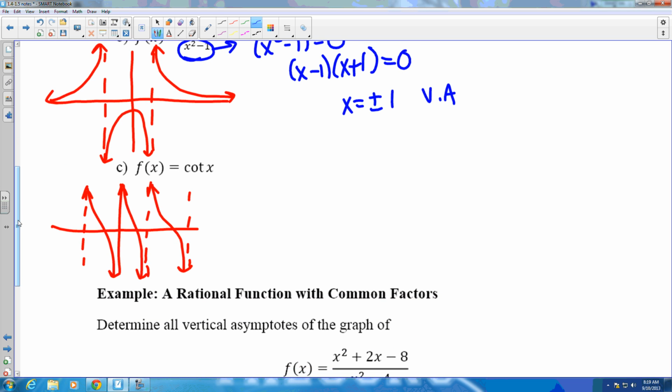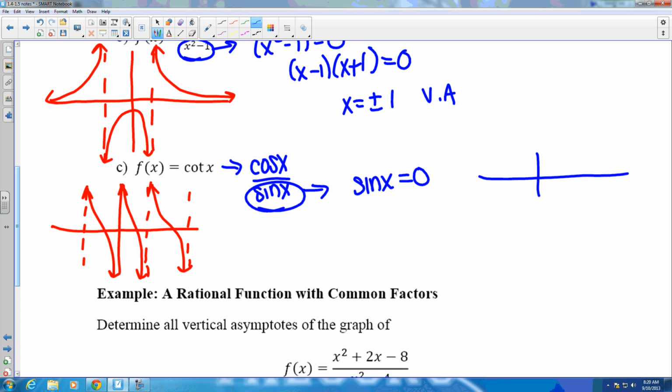Cotangent is not a rational function, so it's not clear right away what we can set the bottom to. We can't have a bottom set equal to anything. So we're actually going to rewrite it as cosine of x over sine of x, which we learned in trig, is the same thing. And then we can set sine of x equal to 0, and if you think of the sine function, that's 1 period of sine, which means it has a 0 at 0, pi, and 2 pi.